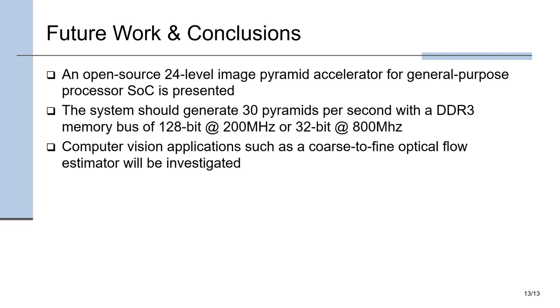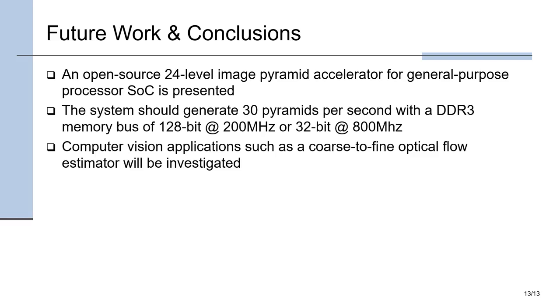And this system should be able to generate 30 pyramids per second, and each pyramid has 24 levels, as long as the DDR3 memory bus can handle 128 bits at 200 MHz or 32 bits at 800 MHz. Right.